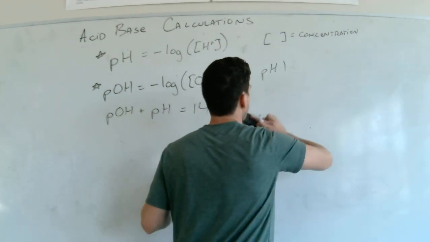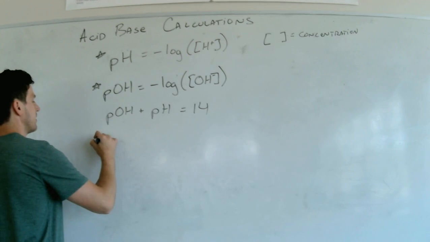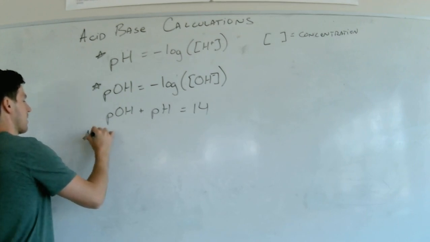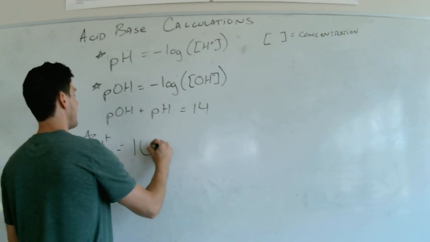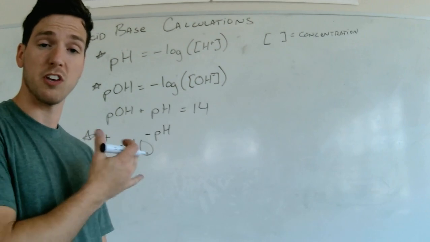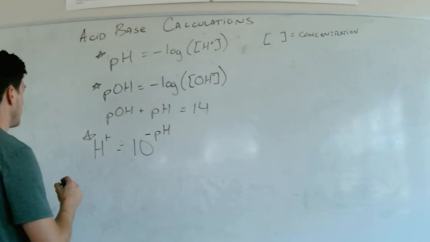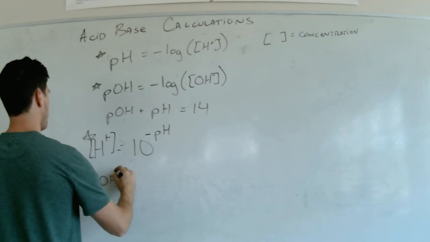Well, we could also go backwards. If I want something like H plus, say I want the concentration of the acid, I just take 10 to the negative pH. So 10 to the negative pH will give me the concentration of the acid. I'll put that in square brackets. And then say I want the concentration of the base.